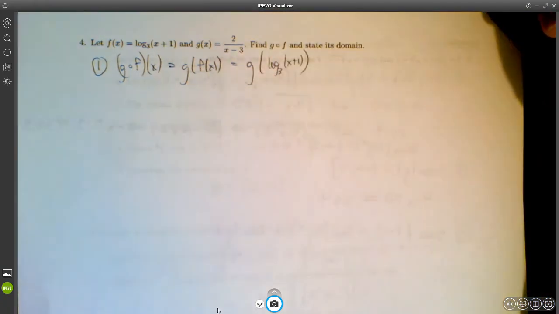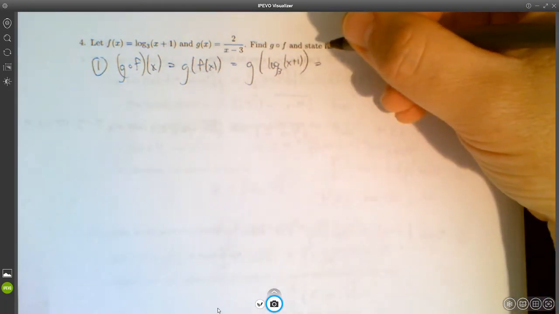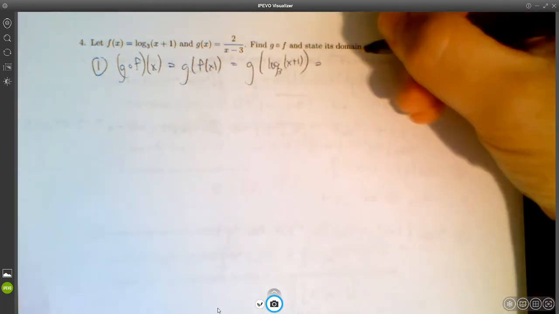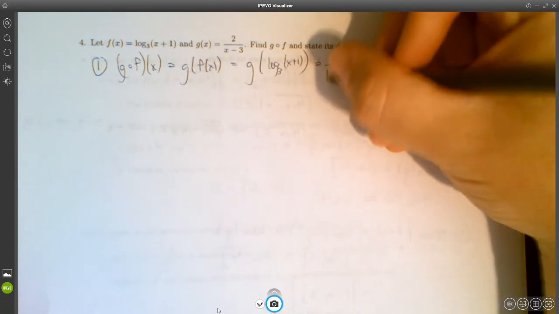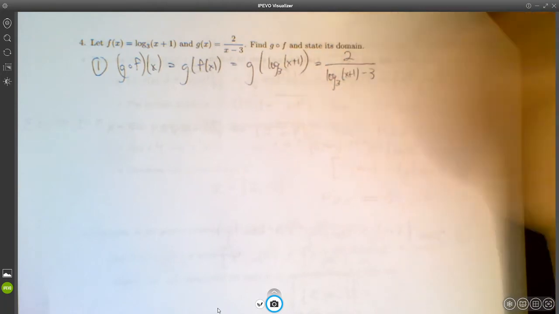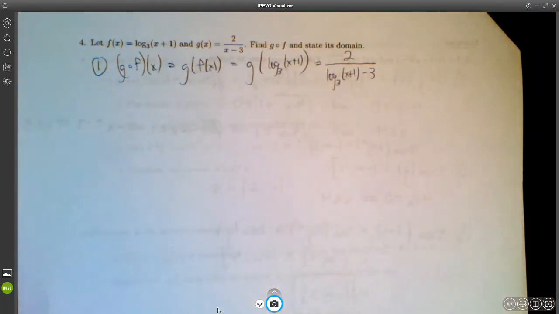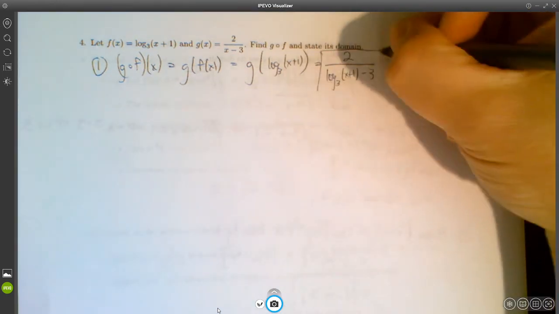I'm going to look at g, and everywhere I see an x, I'm going to replace it with log base 3 of x plus 1. So I'm going to get 2 over log base 3 of x plus 1 minus 3. And that's about as simplified as it's going to get. So there is g of f.